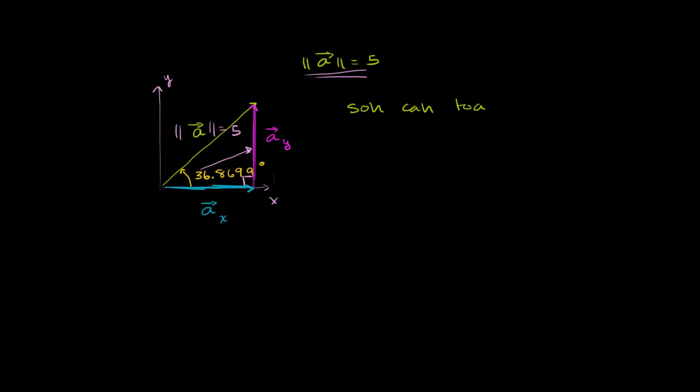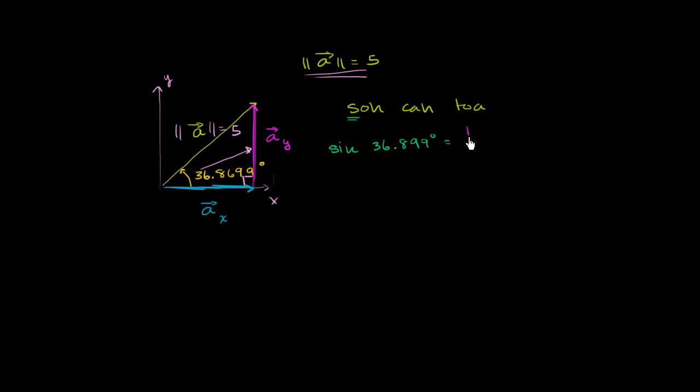So we could say that the sine of our angle, the sine of 36.899 degrees, is going to be equal to the opposite over the hypotenuse. The opposite side of the angle is the magnitude of our y component.